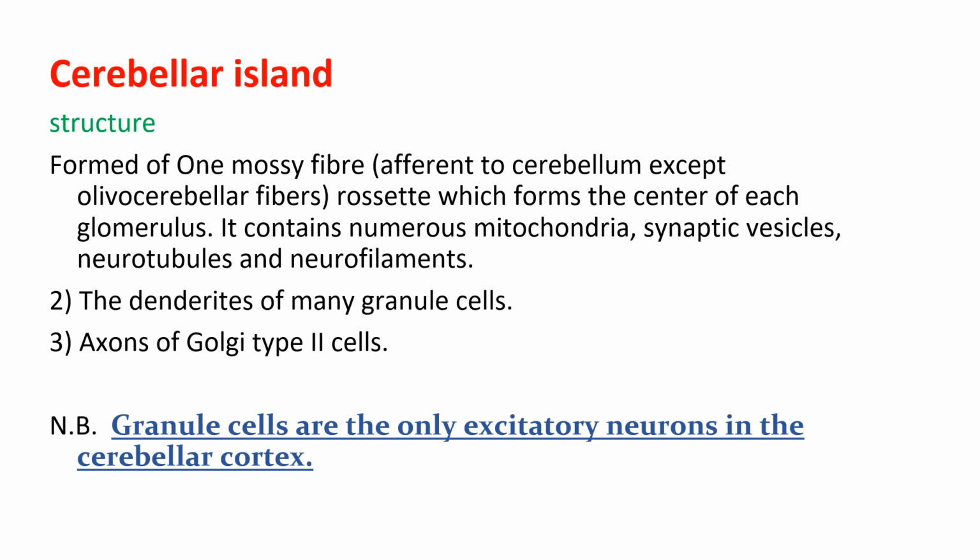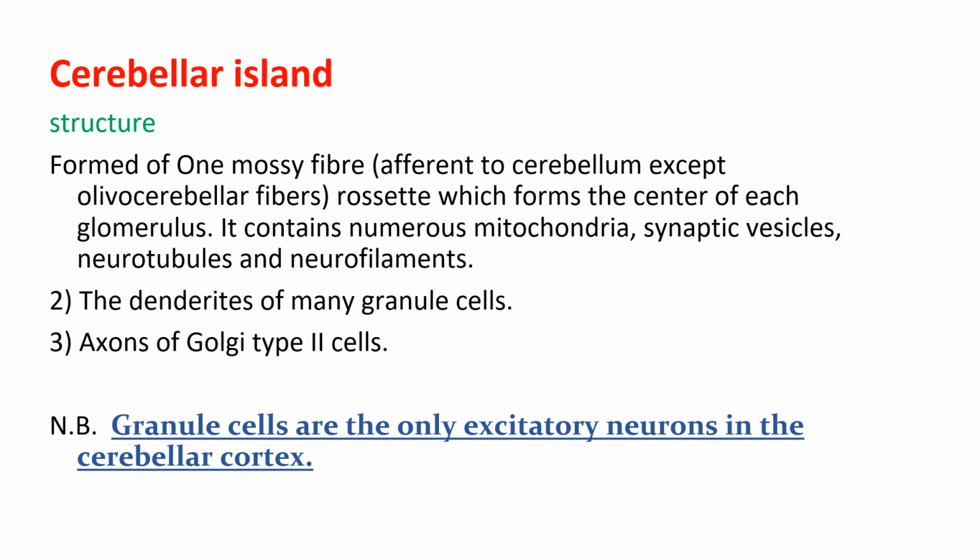Also the island contains the dendrites of granule cells, and a third structure, which is the axon of Golgi type 2. So please remember that the structure of cerebellar island is 1 mossy fiber, 2 dendrite of granule cell, 3 axon of Golgi type 2.